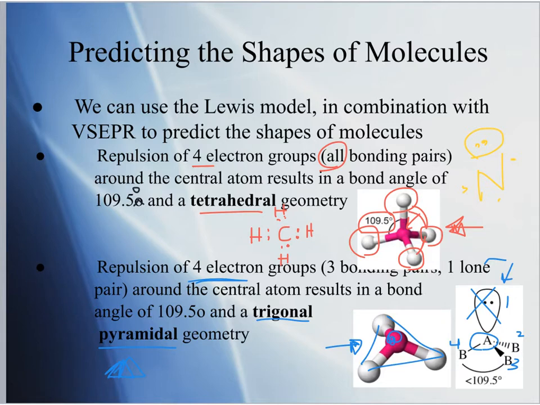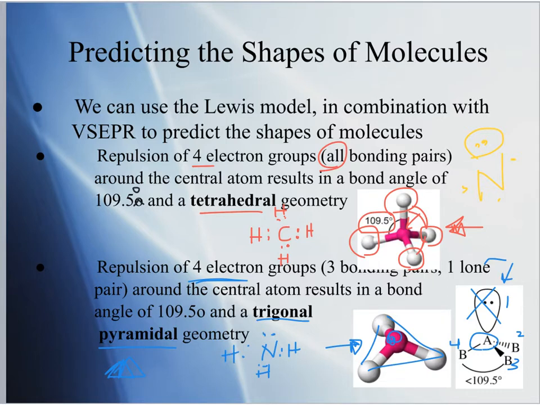All right, when we actually do it with a Lewis dot structure, ammonia is an example of a trigonal pyramidal molecule, and would look like this.